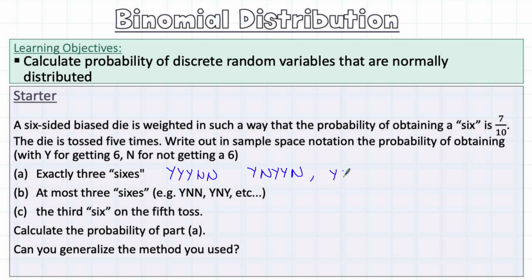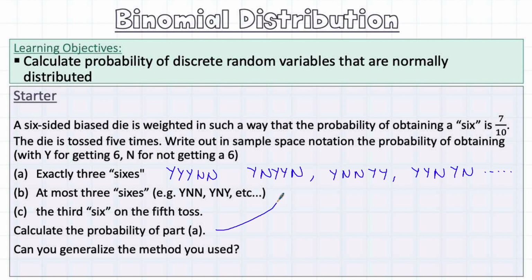Or maybe they show up at the end. Or maybe I have 2 combined here and then no 6s and then 1 and so on. And you can see it just becomes a bit long. And this should remind you of combinatorics a bit, on how many ways a 6 can show up.